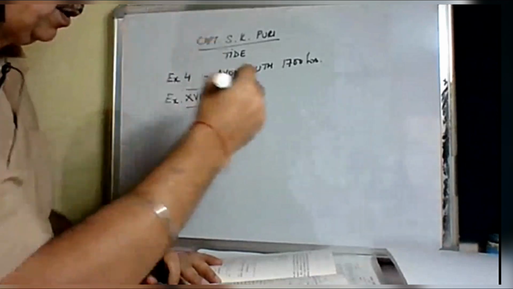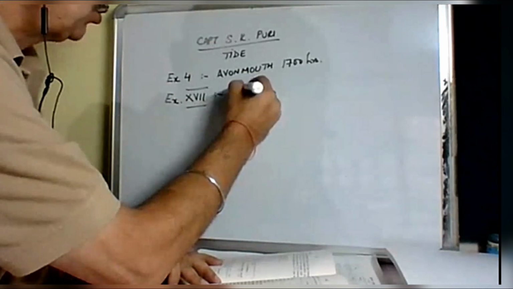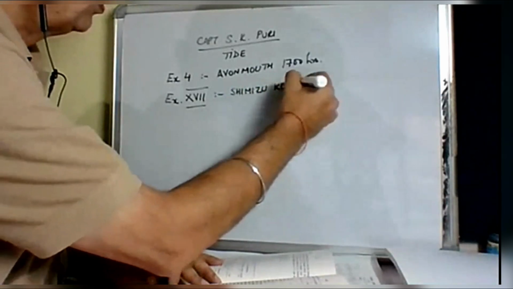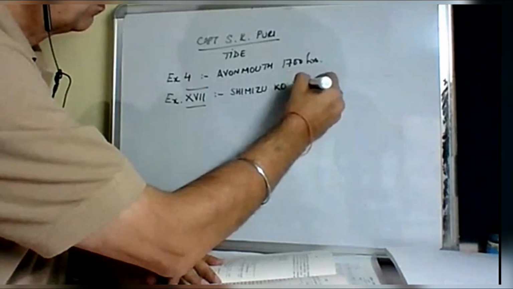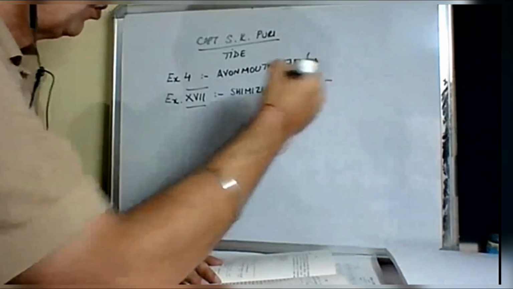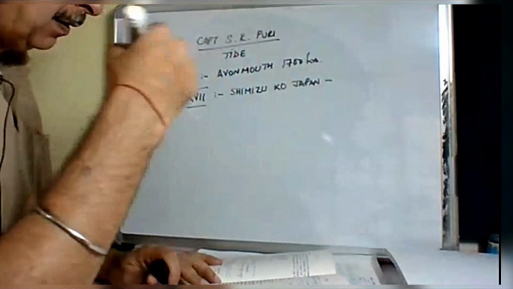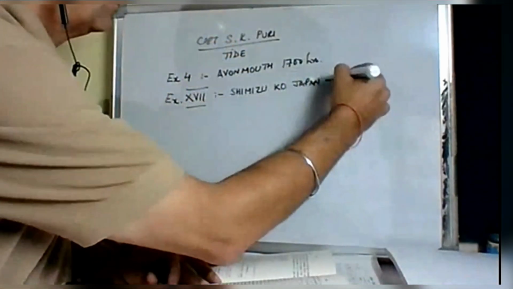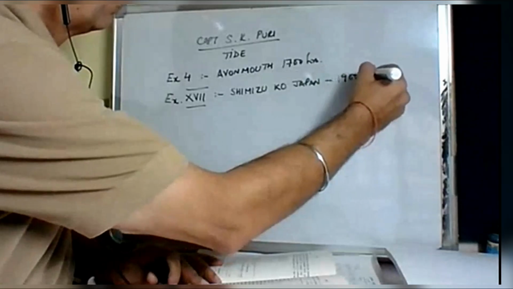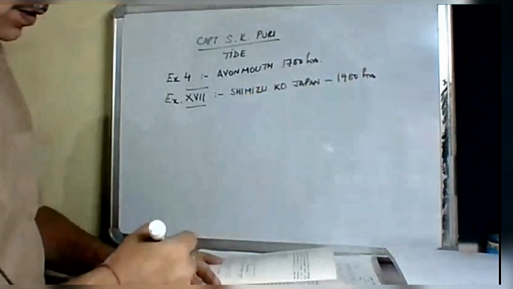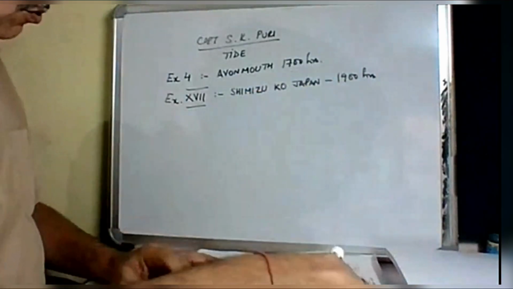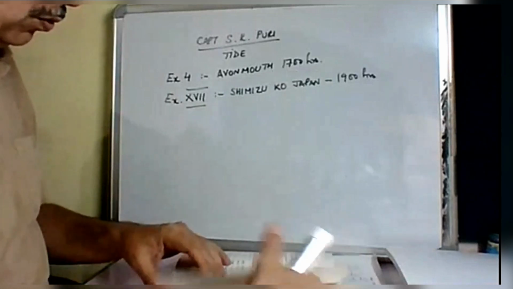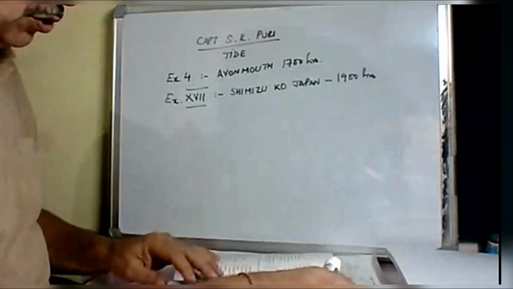This is secondary port. The name of the port is Shimizuko, Japan. 1900 hours. This is standard port. Secondary port, sorry. So please do Shimizuko.